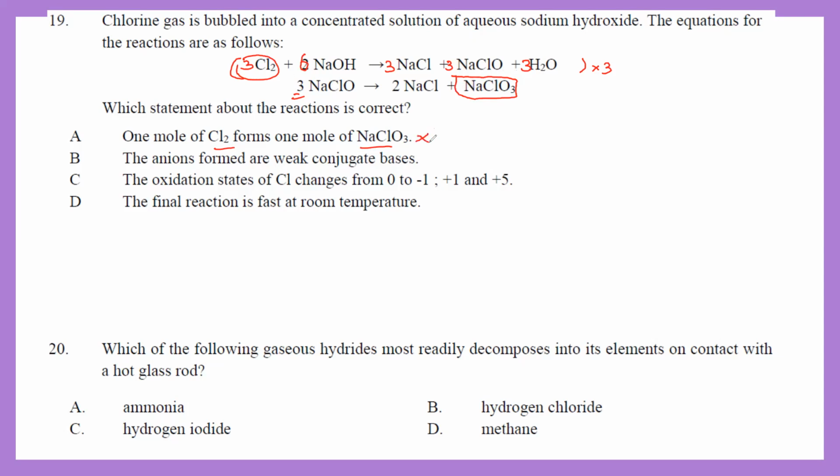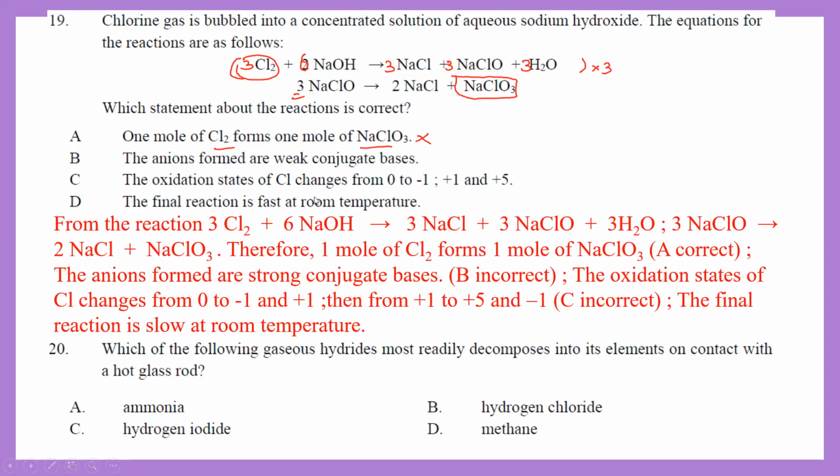So A is wrong. B, the anions formed are weak conjugate bases. Because the acid is actually strong, the anions form a strong conjugate base, not a weak conjugate base. The oxidation state of Cl changes from 0 to -1, +1 and +5.